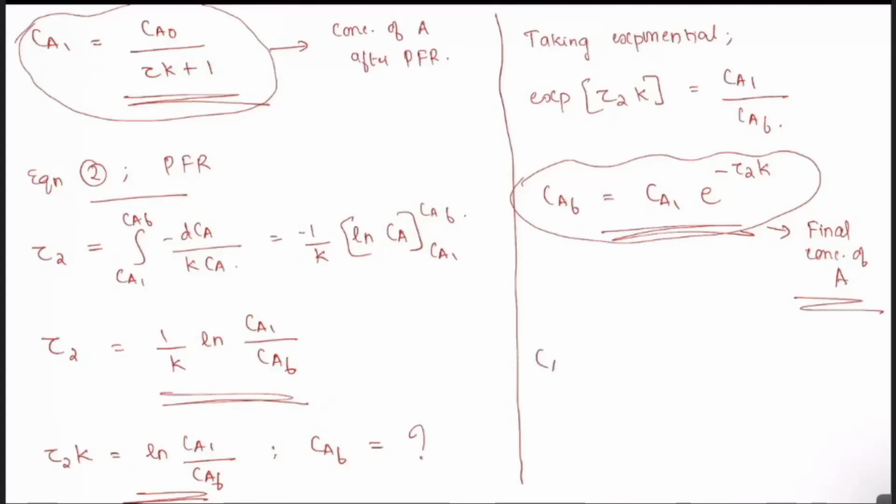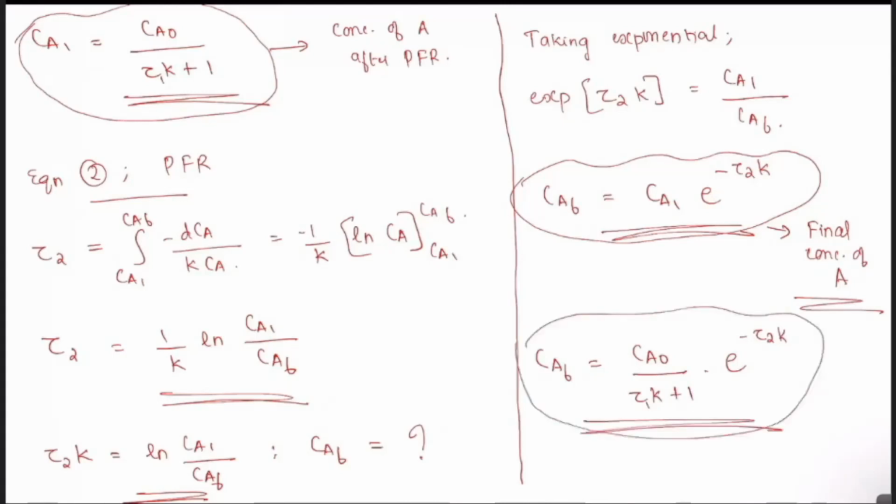So CAF will be equal to CA0 by tau 1 K plus 1 e raised to minus tau 2 K. So this is the final concentration of A after passing through the CSTR and then the PFR.